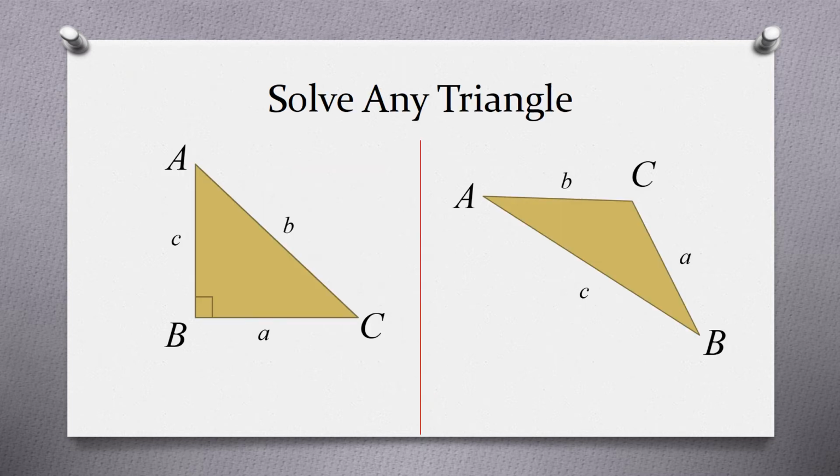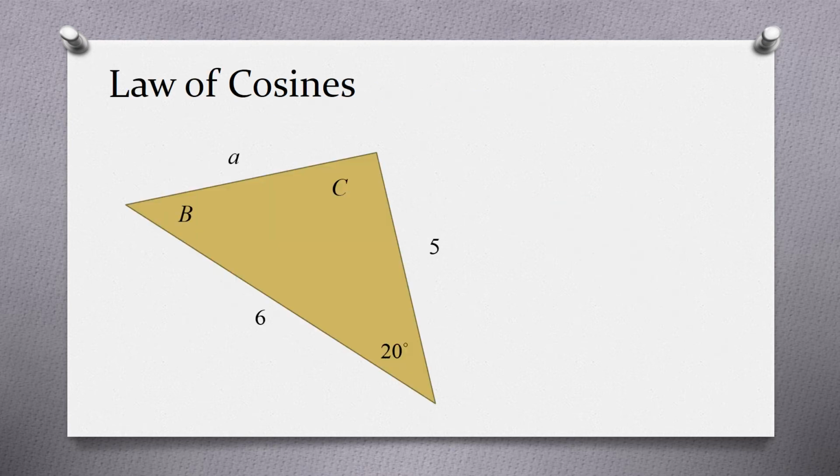So now that you know how to solve a triangle, whether it be a right triangle or a non-right triangle, you also need to know about one caveat. The law of cosines is how we overcome this particular caveat.